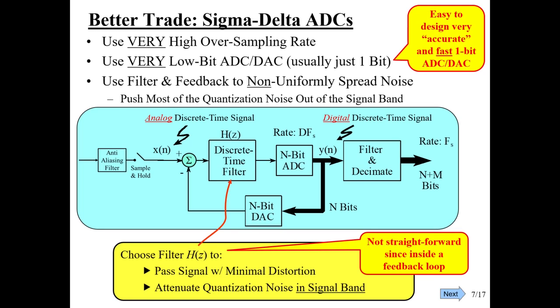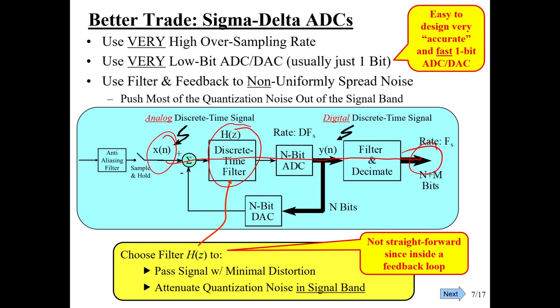So here's our goal. Given this structure, our goal is to choose this filter transfer function so that from here to here, the signal really doesn't get hit by any filtering that will stop it. So it'll have a nice clear pass band all the way through.